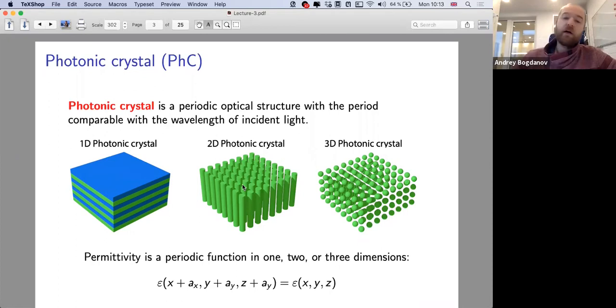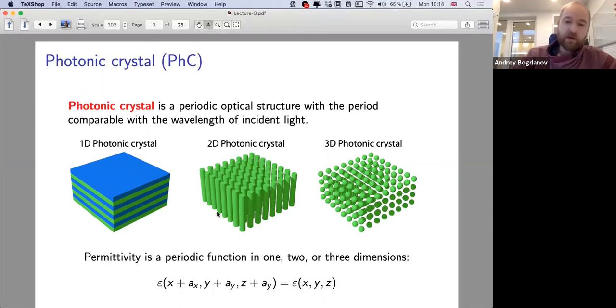But let me also introduce another term that I didn't talk about in the previous lecture. Let me consider that we have, for example, a 2D photonic crystal, but of course, the thickness is finite. In this case, we can say a 2D photonic crystal slab.